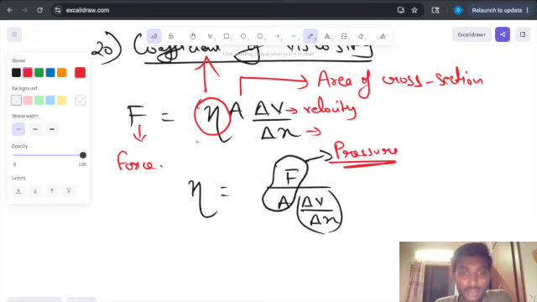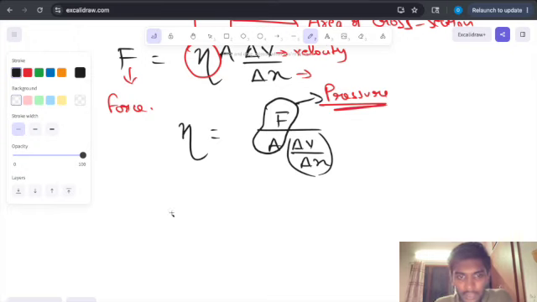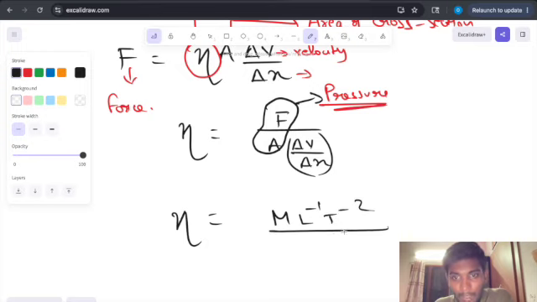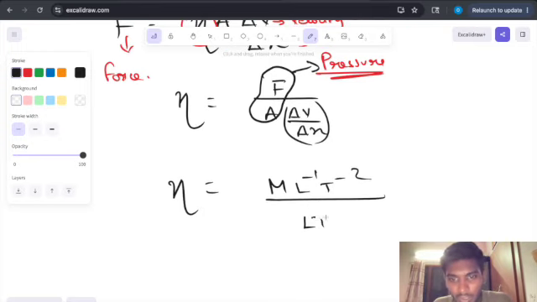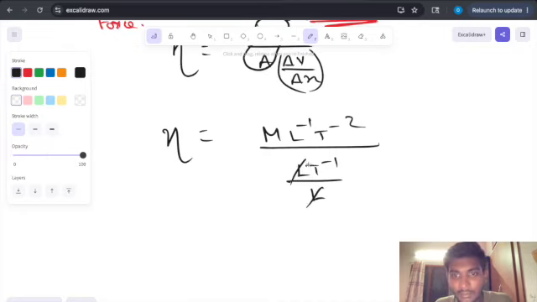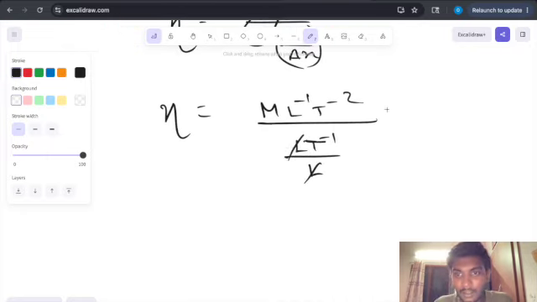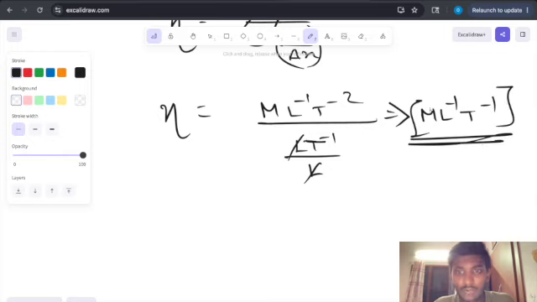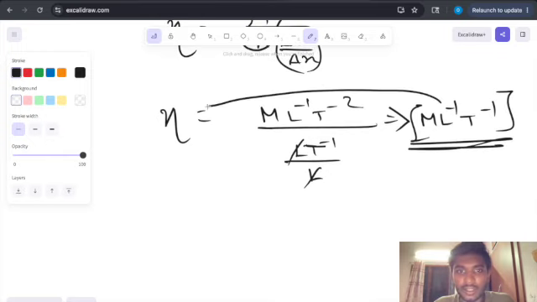It is not about explaining what coefficient of viscosity or viscous force is. So pressure's dimension is ML minus 1 T to the power minus 2, and I told you that it is velocity by length, so this will get cancelled. Finally you will have ML minus 1 T minus 1. So this is the dimension of coefficient of viscosity, eta.